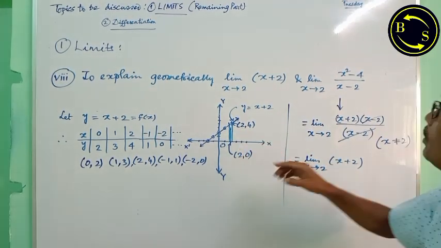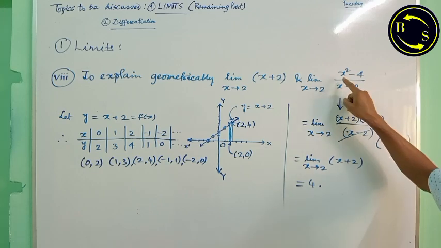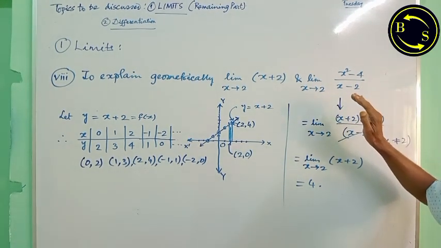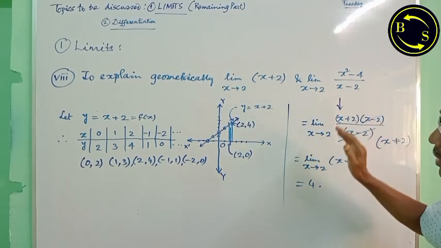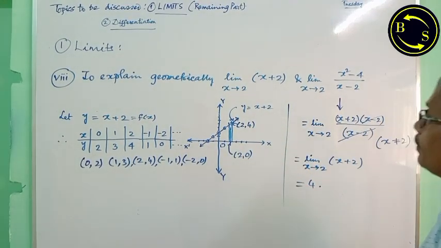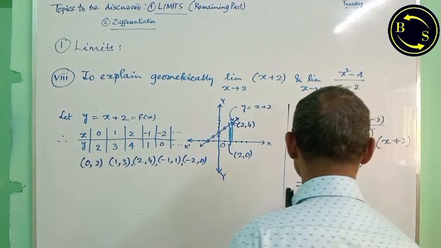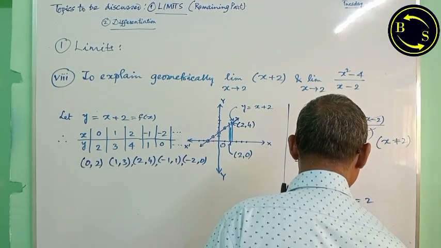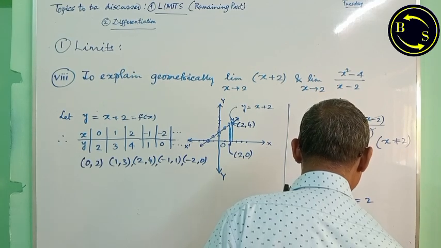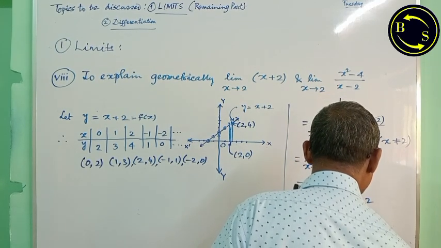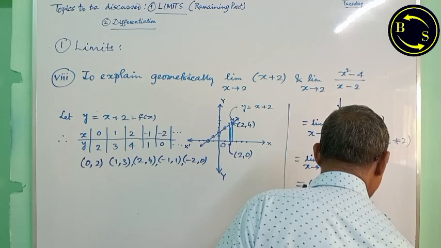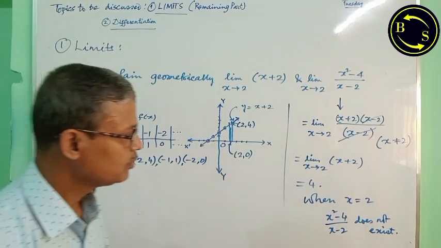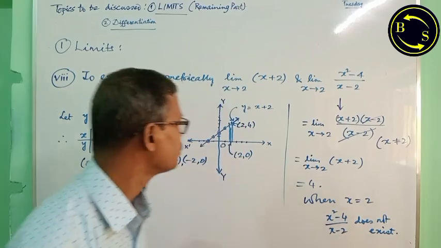From this, we can explain that (x square minus 4) by (x minus 2) when x equal to 2 does not exist. From this graph, it is clear that when x equal to 2, this does not exist.